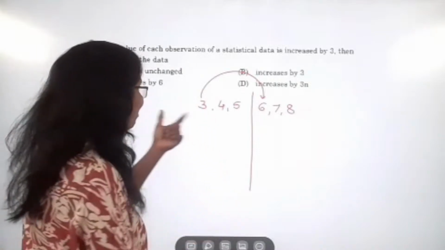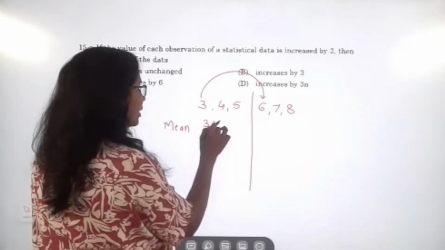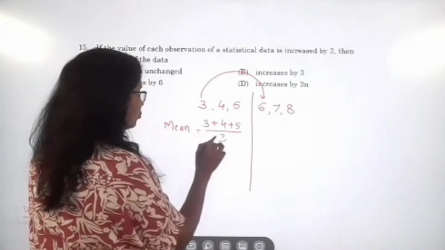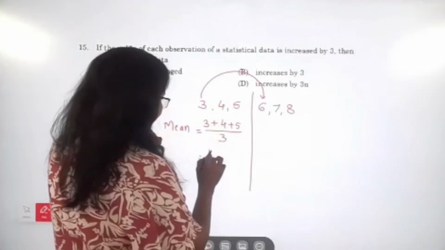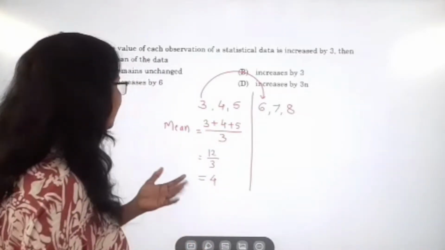Now the mean of this data will be 3 plus 4 plus 5 upon 3. That is 9 plus 3 is 12, 12 upon 3, and that means 4. Correct? Yes, correct.